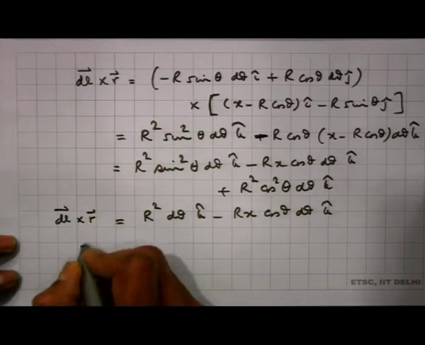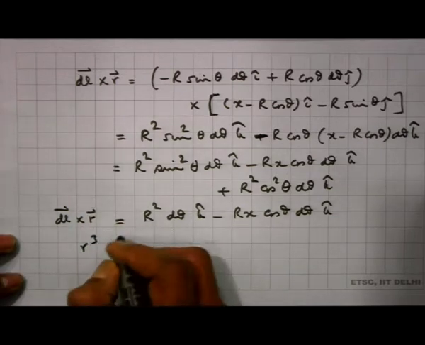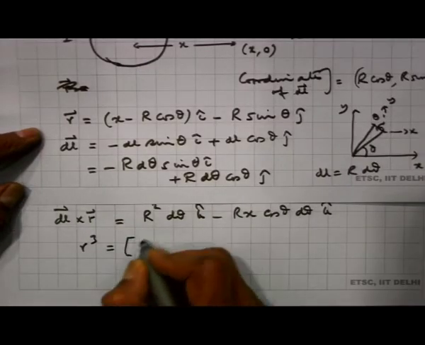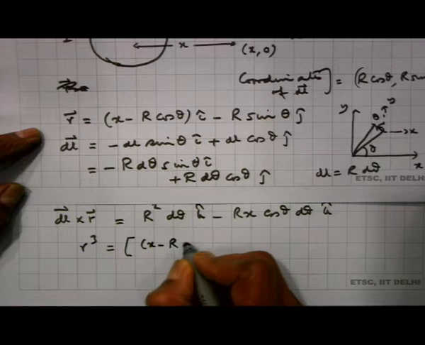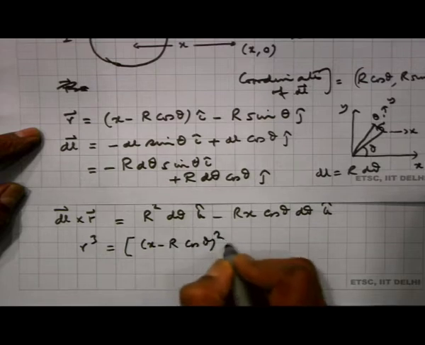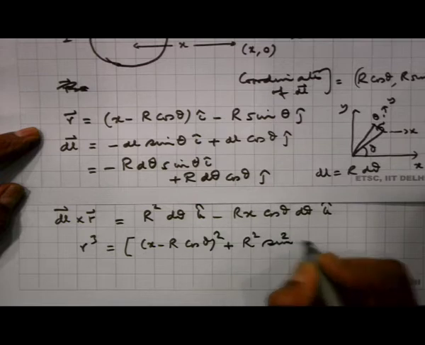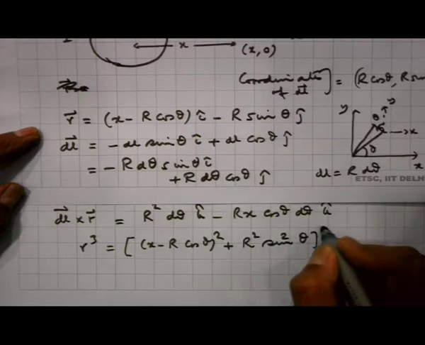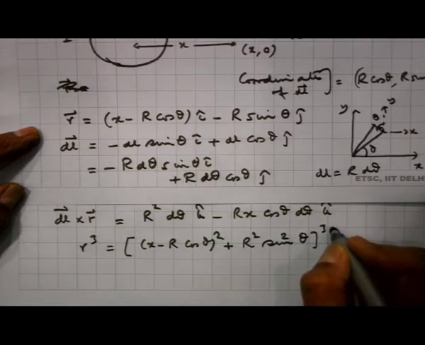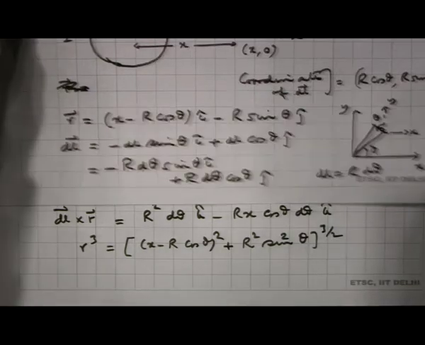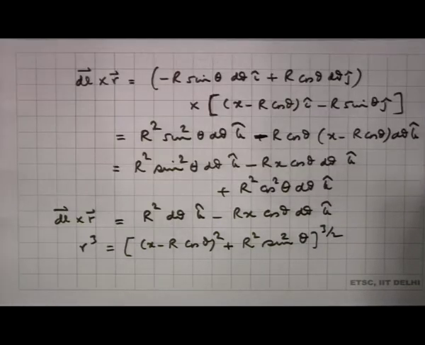and I also need r cube. The r vector is here. So, r cube is nothing but ((x minus r cos theta) whole square plus r square sin square theta) whole raised to 3 by 2. Okay, so that is r cube.